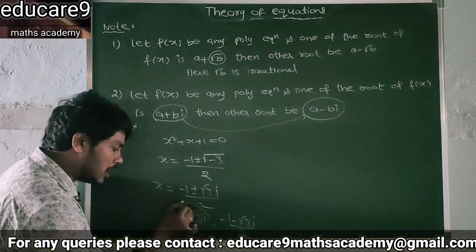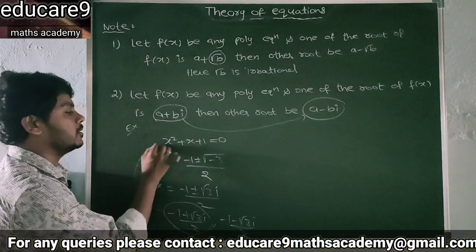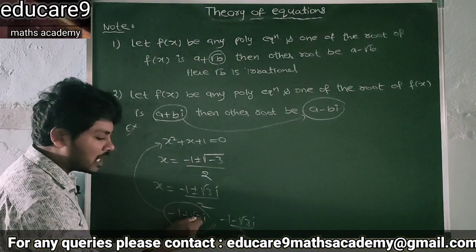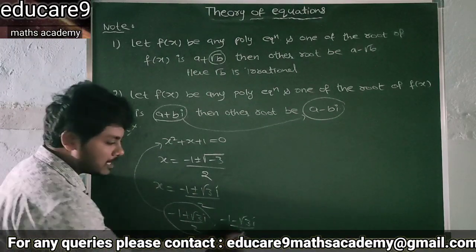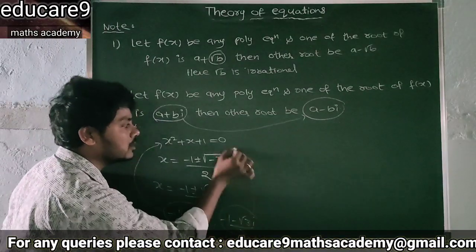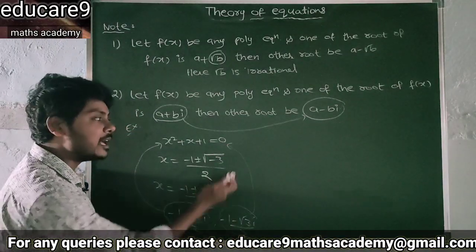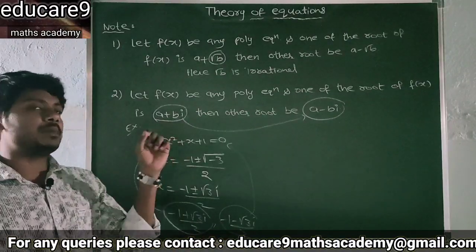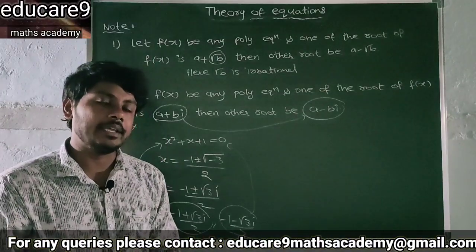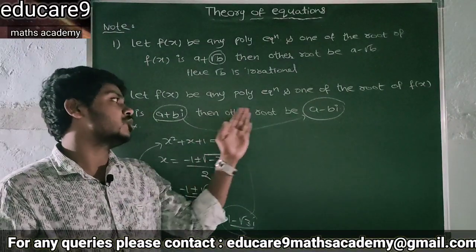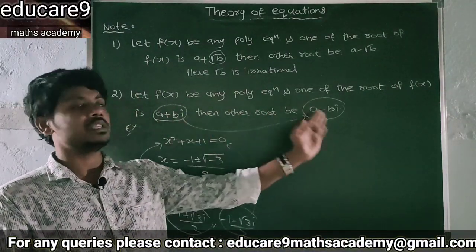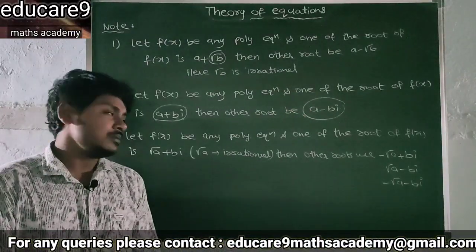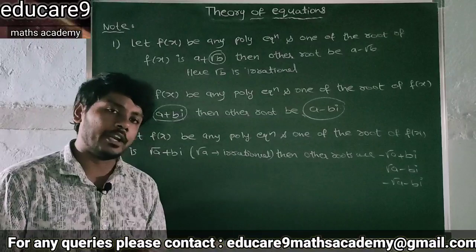Suppose this is the known root of this equation, then the other root should be the conjugate of this. That is, if a plus bi is one root of f of x, then the other root should be the conjugate of this. Okay, this is the second note. So here, the third one: let f of x be any polynomial equation.